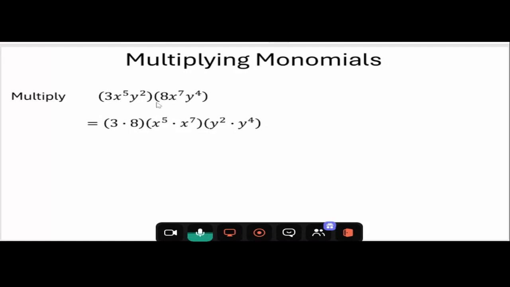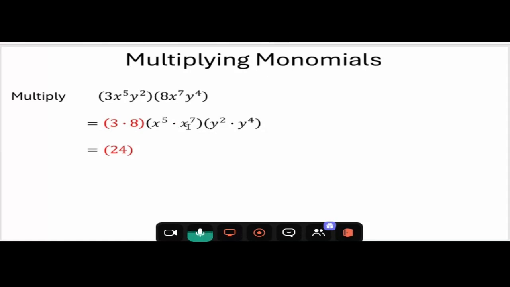We can take the x to the 5th and x to the 7th and multiply those, and the y squared and y to the 4th and multiply those, like so. The reason for that probably is clear, because remember when it's this times this times this times this times this times this, the brackets don't actually mean anything. It's all multiplying, and we can put things in any order we want when we're multiplying a whole bunch of things. So 3 times 8 is 24.